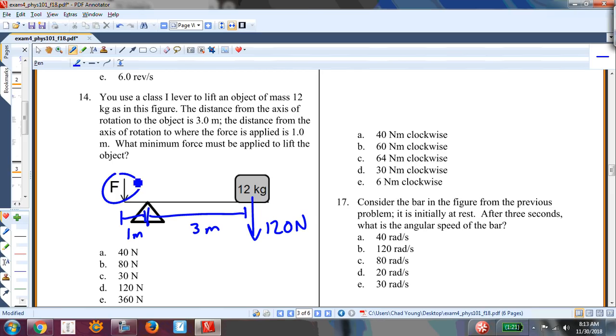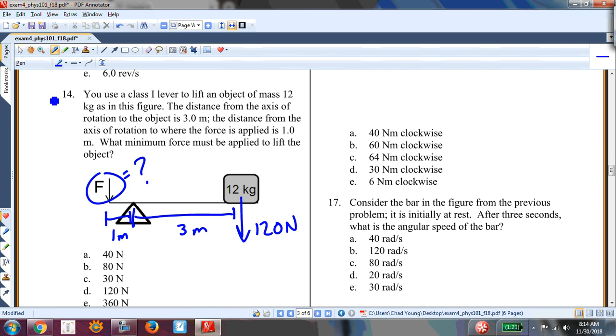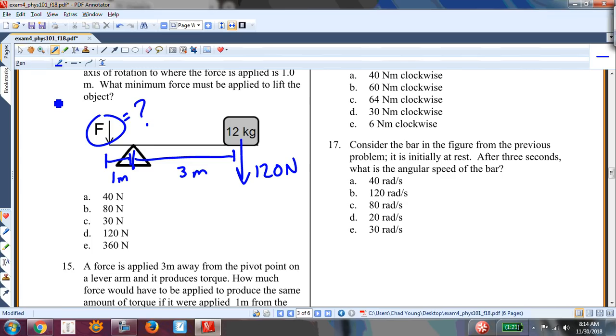What minimum force must be applied here in order to lift this object? Well, if you're clever, you can just look at the proportions of the moment arms and know that this force must be 360 newtons, 3 times the force.